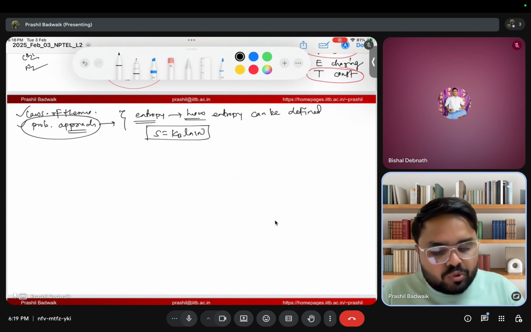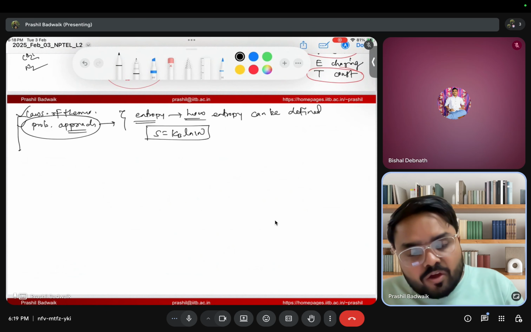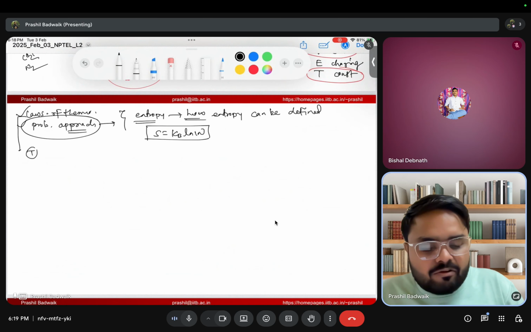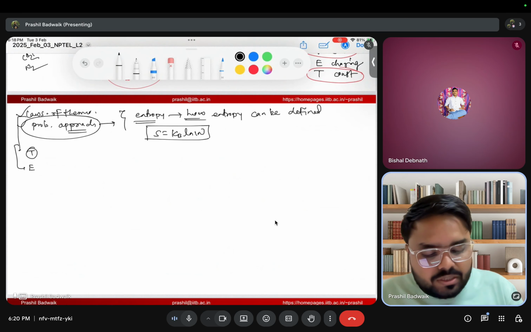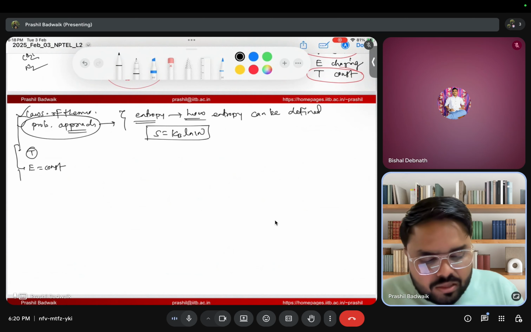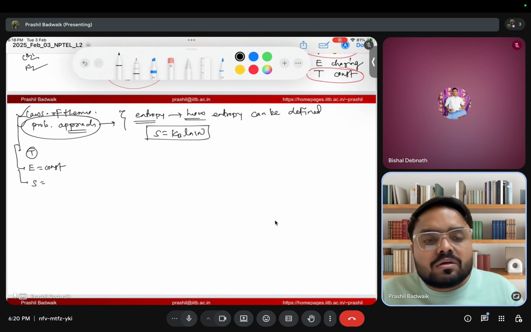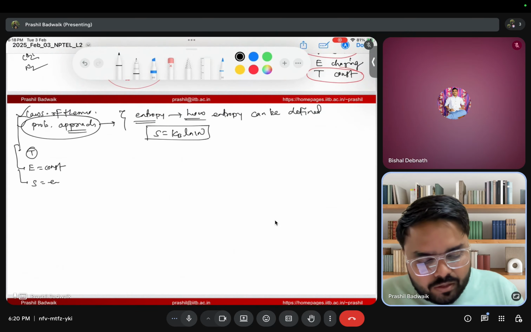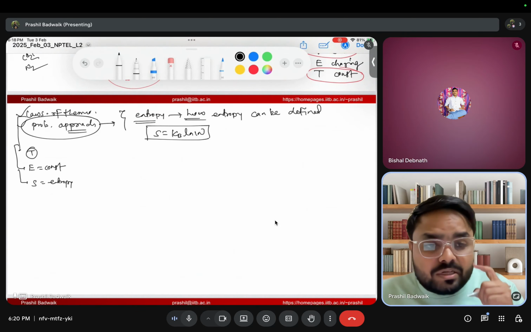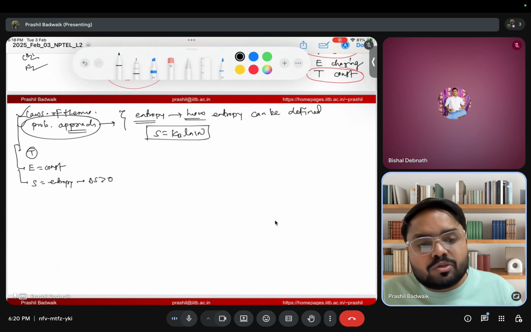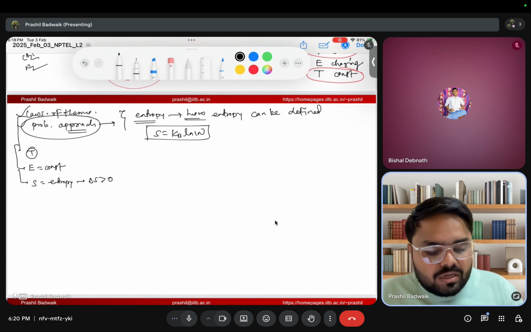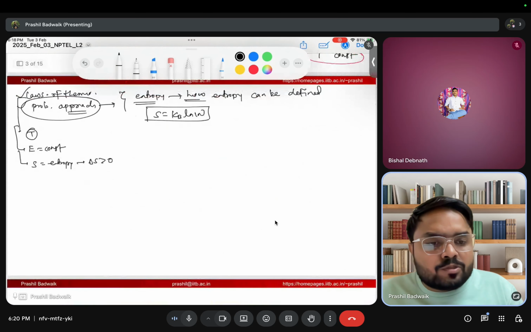K_B ln W. So in the zeroth law, we know temperature that we have defined. In the first law, we said energy is constant for an isolated system. And in the third law, we went into S, that is entropy. Entropy should not be constant, it should keep on increasing. Delta S should be greater than 0, correct, for any real process to happen.